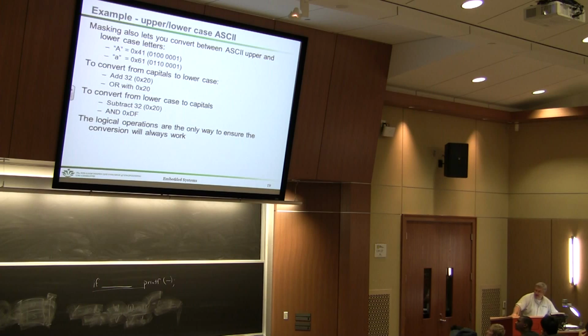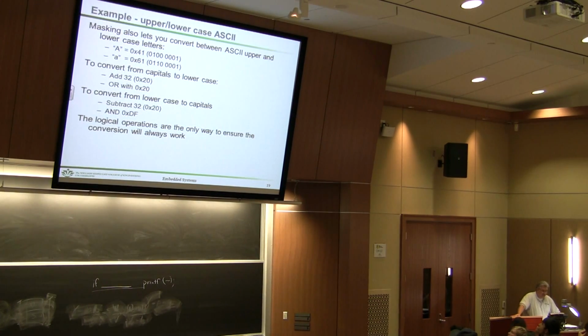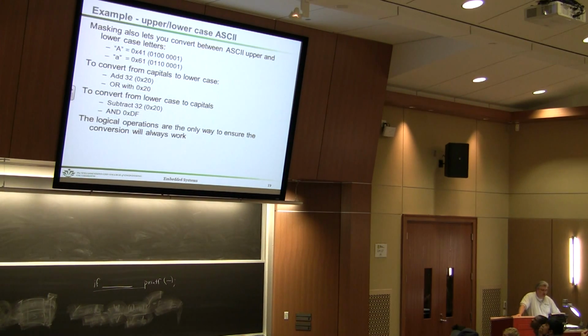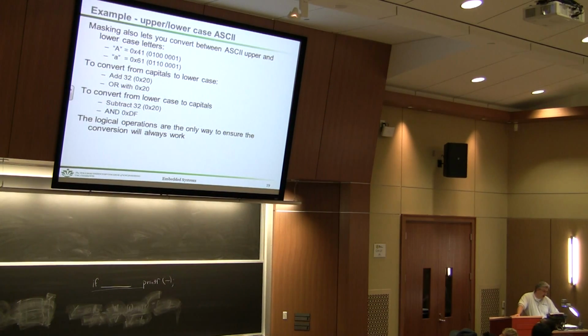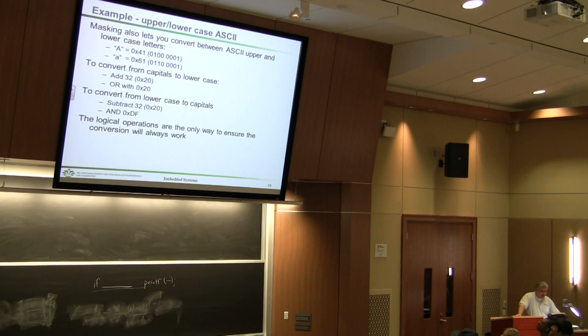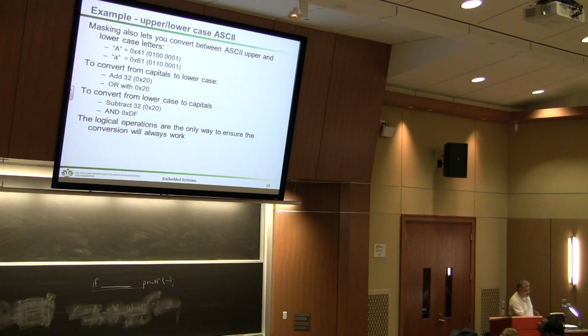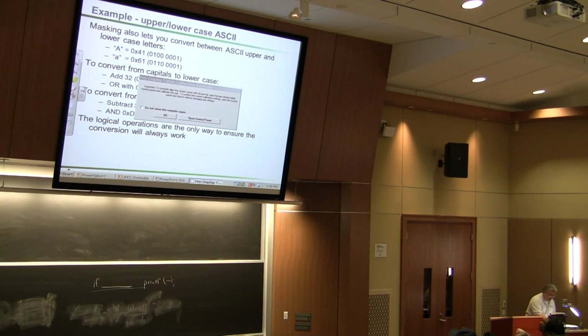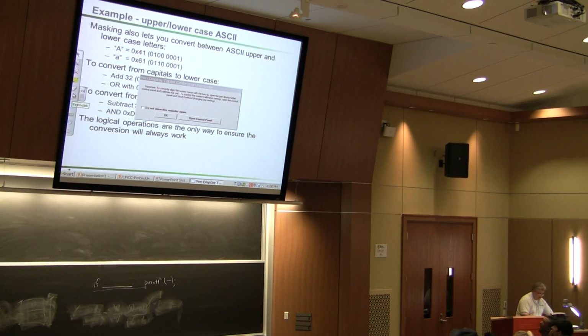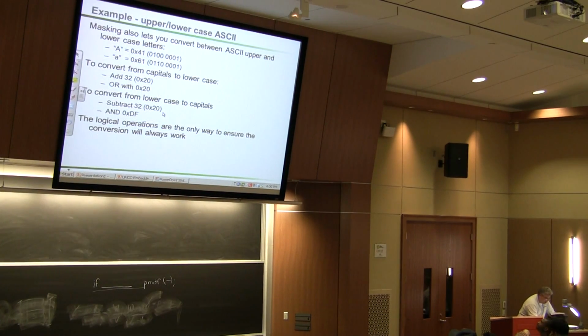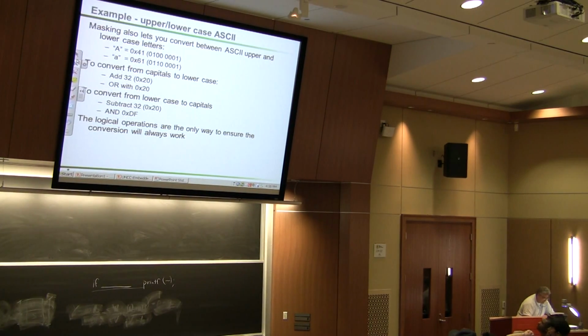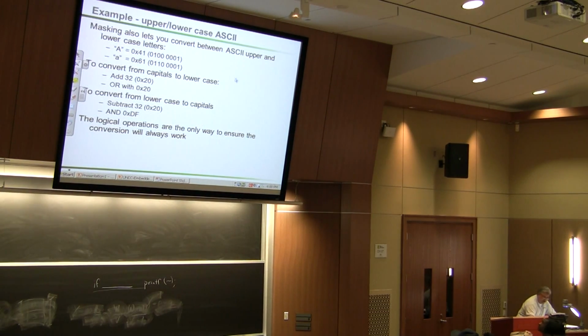So, as another example of masking, if you have to convert between upper and lower case, you can use an AND, or you could subtract. So these are situations where you might want to do something else, like an AND.